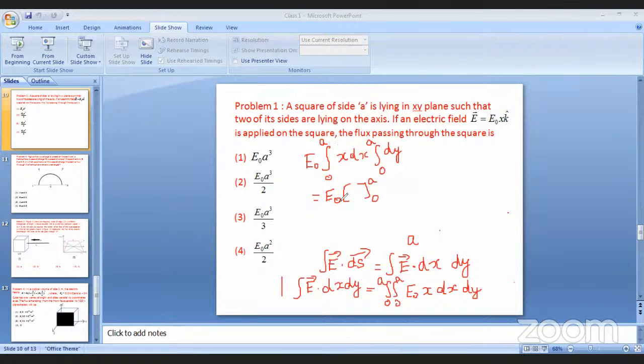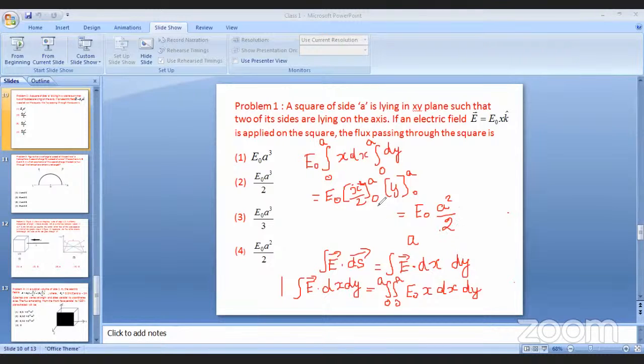Integral x dx is nothing but x squared by 2, and integral dy is y, with limits 0 to a. So this is now E naught into x squared by 2, so a squared by 2 minus 0 squared by 2.